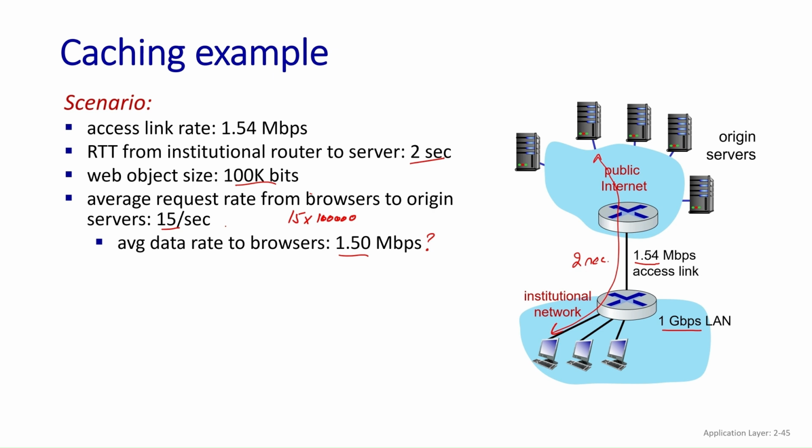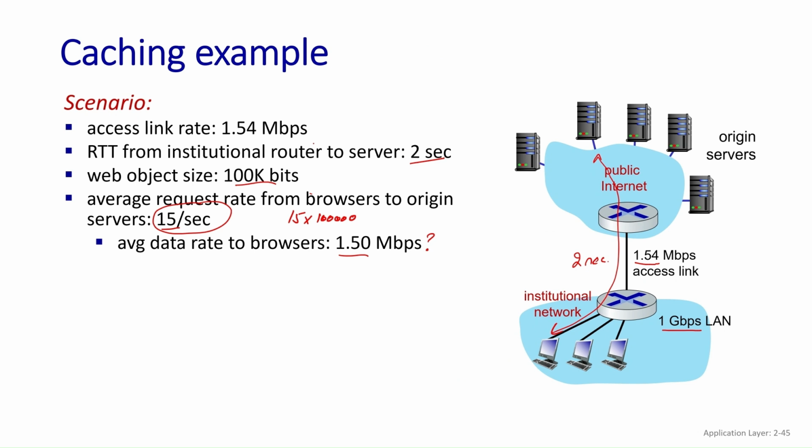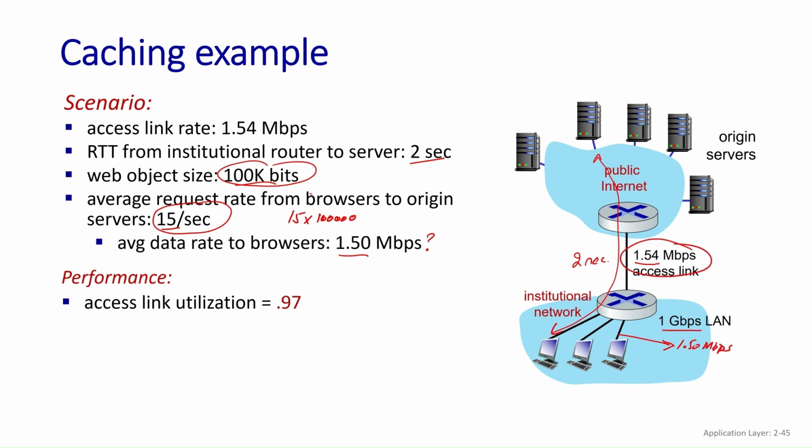So how many requests are being sent, and what is the size of each request? I can use this to get the rate. Now we can look at the performance of the network. The average data rate is 1.50 megabits per second, and the outgoing link rate is 1.54 megabits per second.